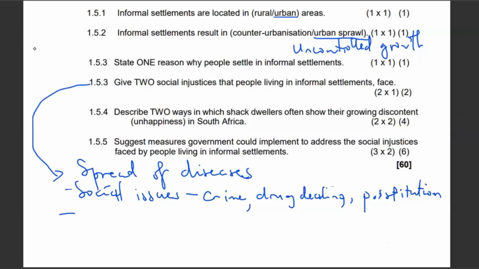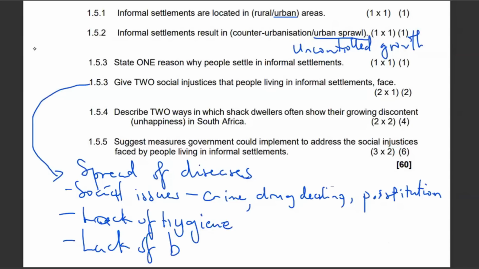Then we go on to look at other things like lack of hygiene. People must be exposed to a healthy environment. But in the informal settlements, the conditions are unhygienic. So it's an injustice. There's lack of hygiene. Then you can also talk of lack of basic services. Basic services do lack in the informal settlements.